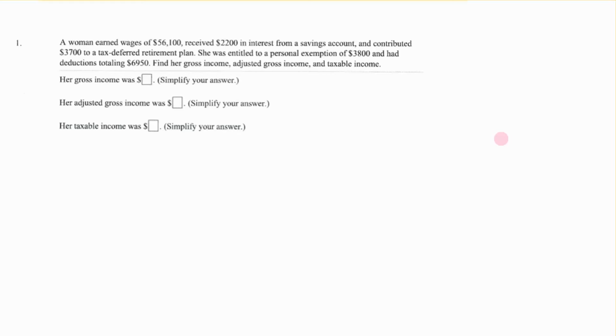She was entitled to personal exemptions of $3,800 and had deductions of $6,950. Find her gross income, her adjusted gross income, and her taxable income. All right, so we're going to do that down here.